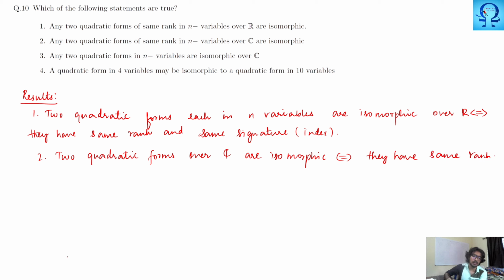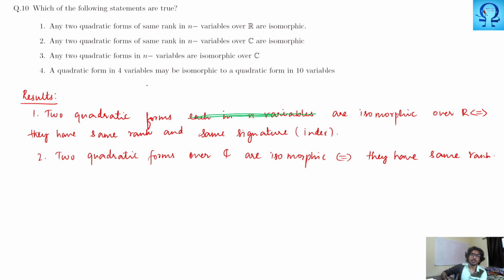Actually, in the first result, you can omit this. Two quadratic forms are isomorphic over R. That is enough. They need not be each having n variables. Okay, these two results are enough to answer this question.